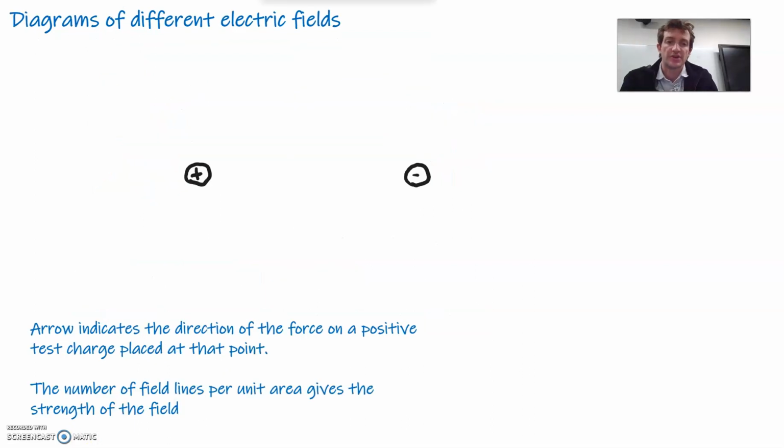If you need to draw the field diagram for a positive and negative charge in the same space, this is what you should do. You should draw a straight line that goes from the positive to the negative charge.